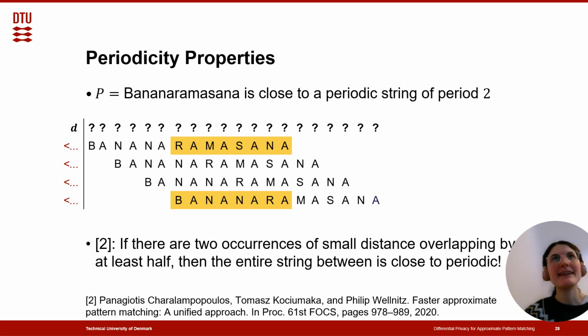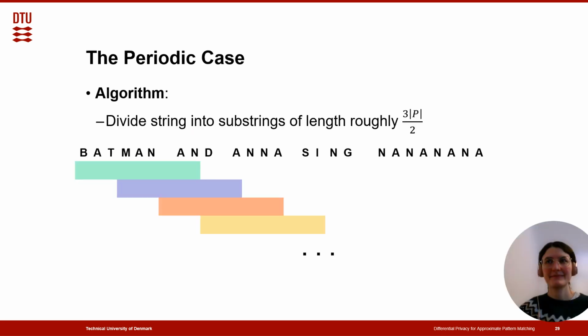So this then again means that we immediately know that at every period there's another close occurrence of the pattern. And this is the main property that we need for our algorithm of the periodic case.